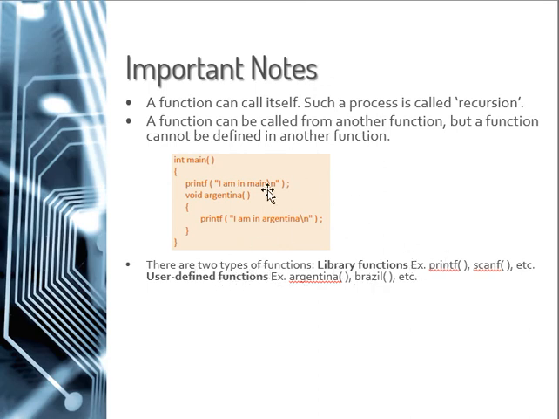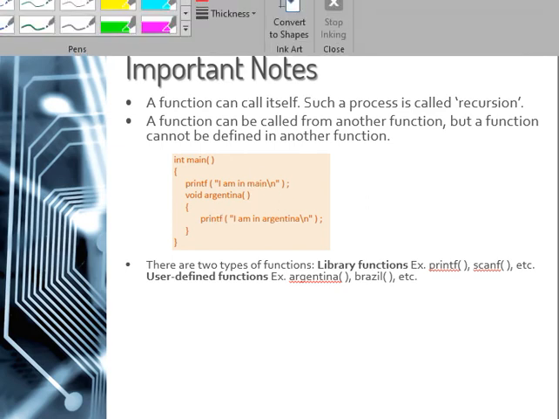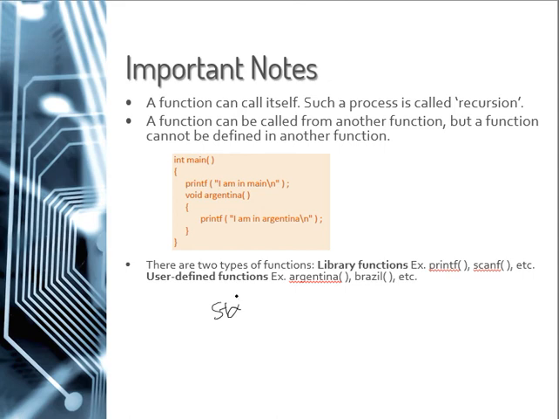Library functions are the type of functions that come with the compiler. You just call them. So printf, scanf, those are library functions. The header file, okay? The header file stdio.h, its content is a list of functions.